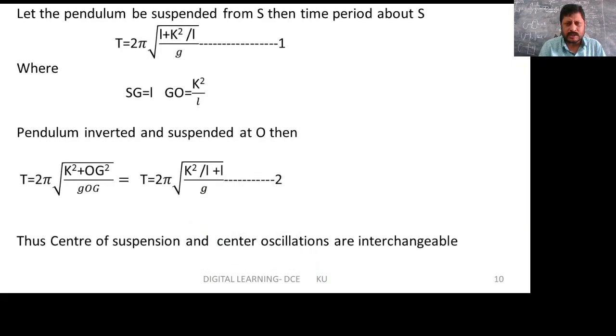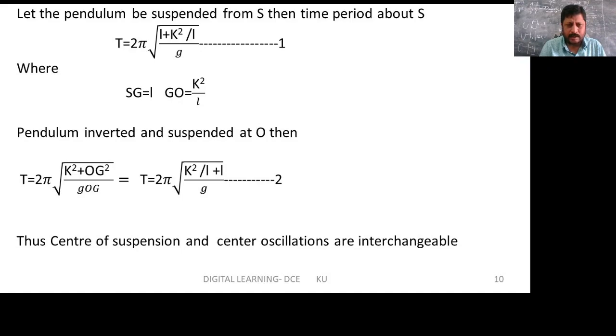Let the pendulum be suspended from S, then the time period about S is T equals 2 pi into square root of l plus k square over l g, let it be equation 1, where SG equals l, GO equals k square divided by l. Now the pendulum is inverted and suspended at O, then T equals 2 pi into square root of k square plus OG square divided by g OG.